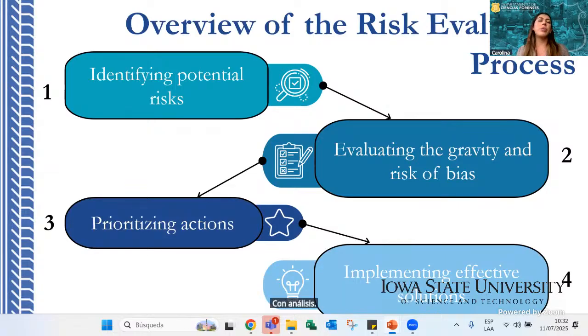Then we prioritize our actions, focus on actions that will provide the greatest benefit while minimizing resource investment. And finally, we implement the effective solutions, ensure that mitigation strategies are integrated into existing workflows for minimal disruptions.